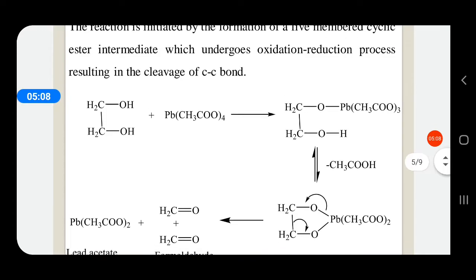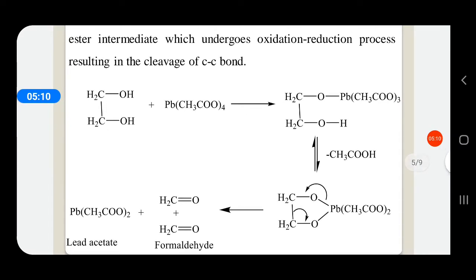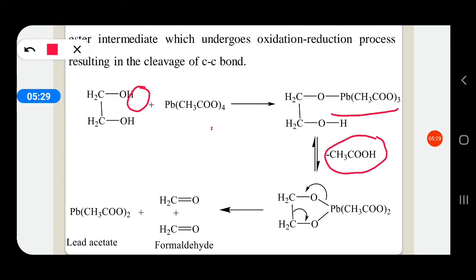By removing one acetic acid, hydrogen is replaced and lead triacetate is added. Next, a cyclic compound is formed by removing acetic acid.